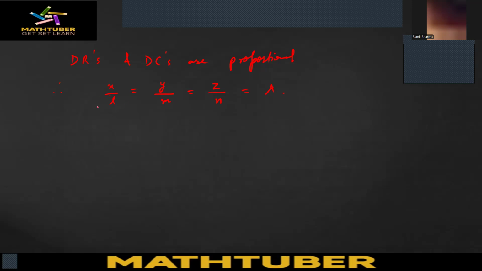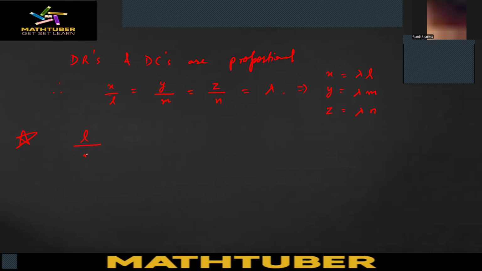So these are proportional to each other, right? Now from here we can find the values of x, y, and z also. So x is lambda L, y is lambda m, and z is lambda n, right?